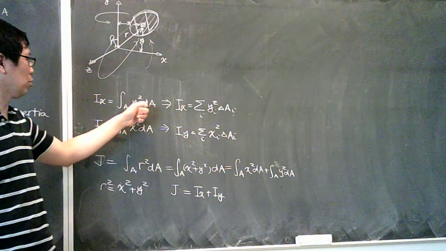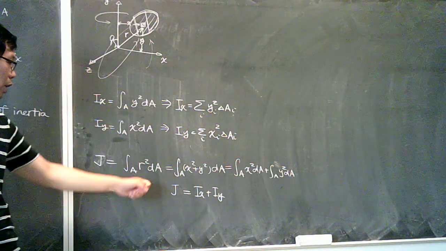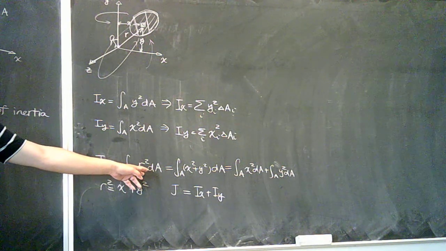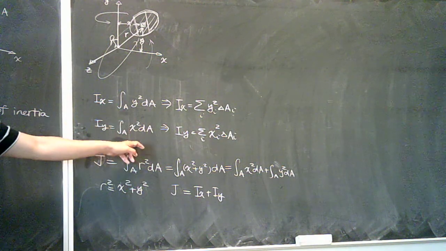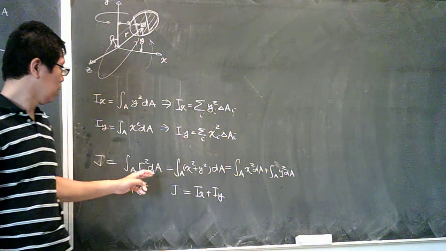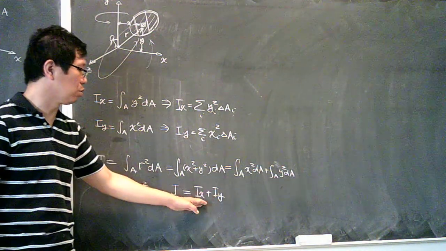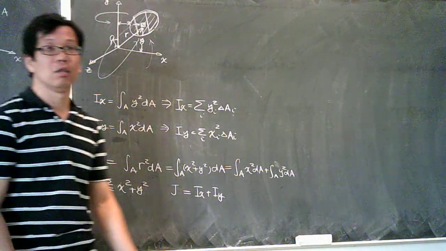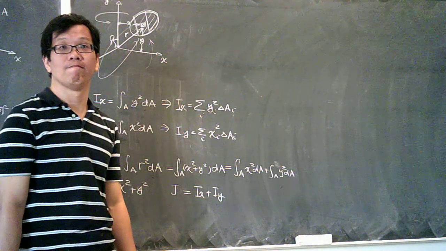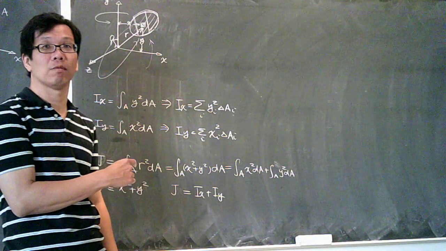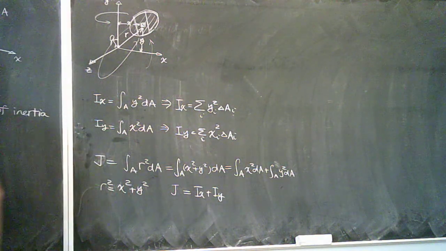Sometimes it might be easier to get this one and this one instead of doing this integration, because a lot of times it is a little bit tedious. Then you essentially just add those two terms together. Does that make sense to everybody? Is that straightforward? Okay.